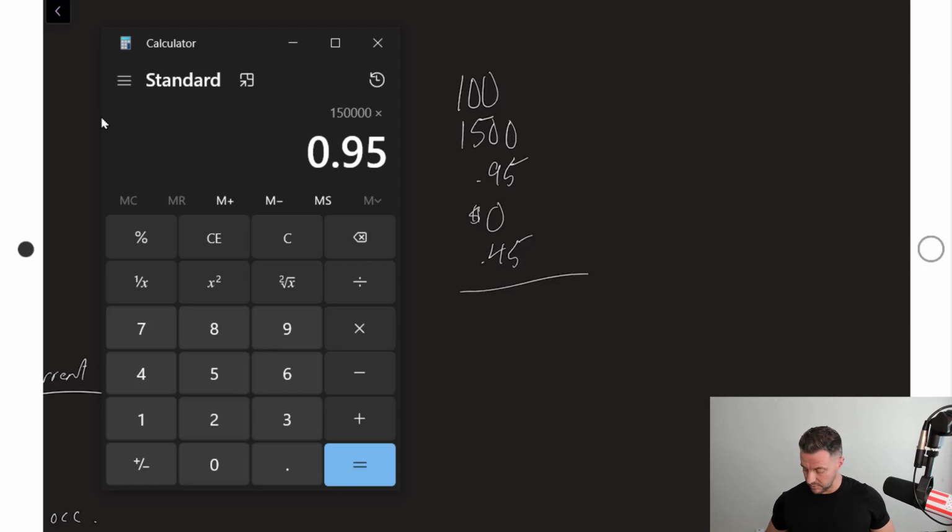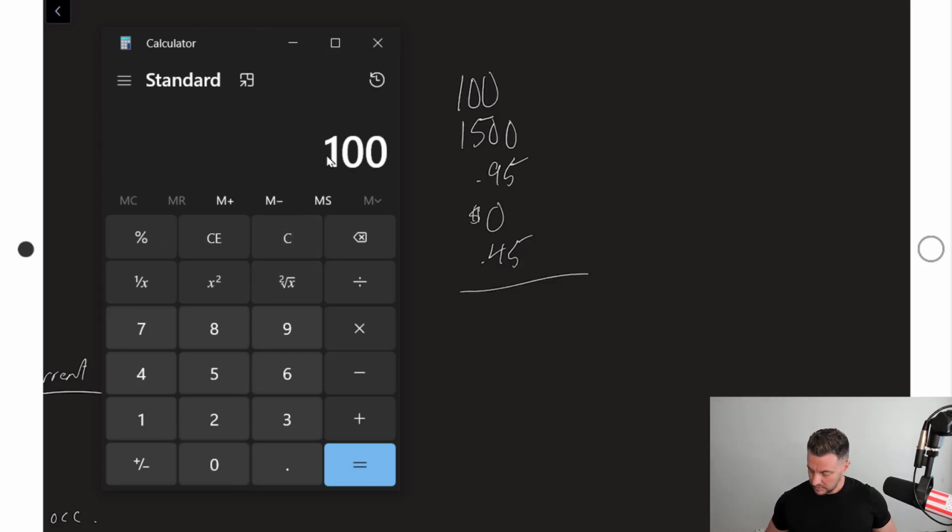Because that means I get to keep 0.55. So I'm just going to say times 0.55 equals, wow. When I said it was easy, I didn't mean it was easy. I meant that it's easy for smart people.